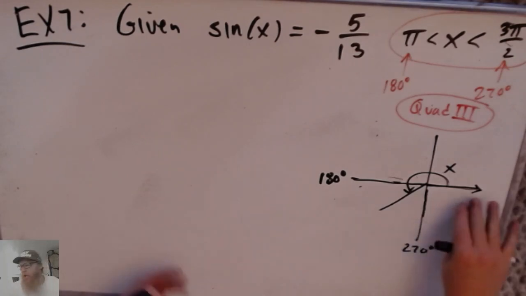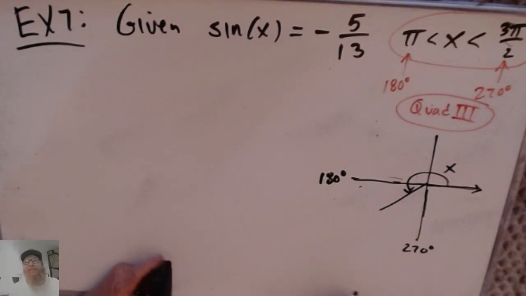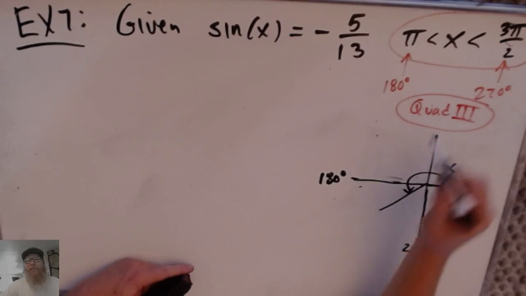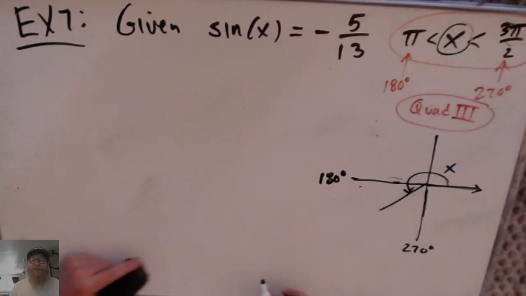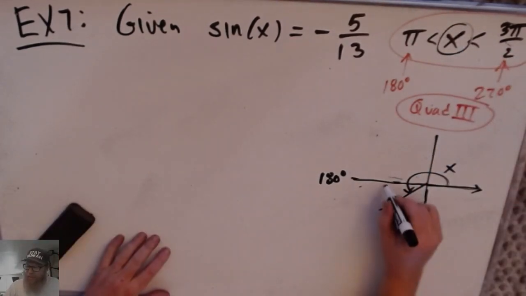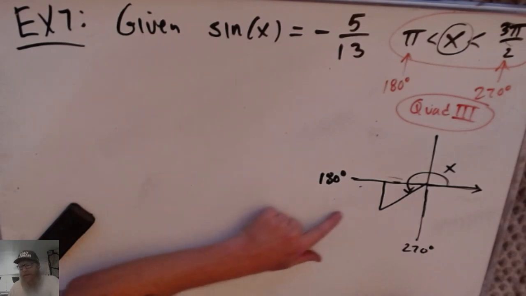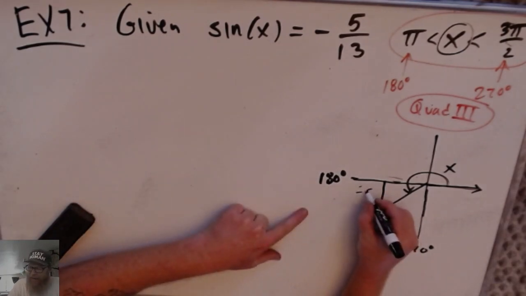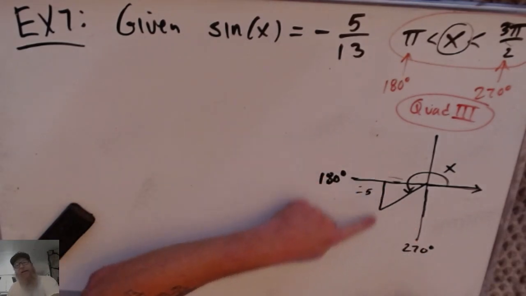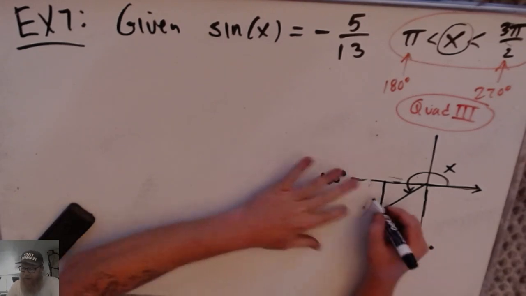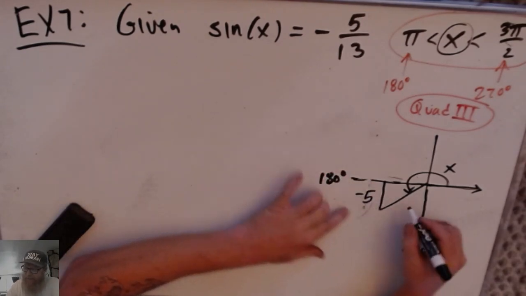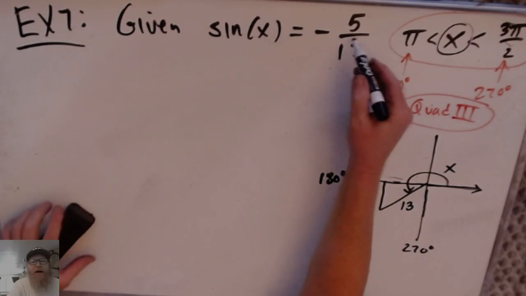But you could say what we used to call the x-axis. When I'm using x for an angle, I can't also use it for the axis. So I know that over here, I've got -5 as the opposite side, and 13 is the hypotenuse.